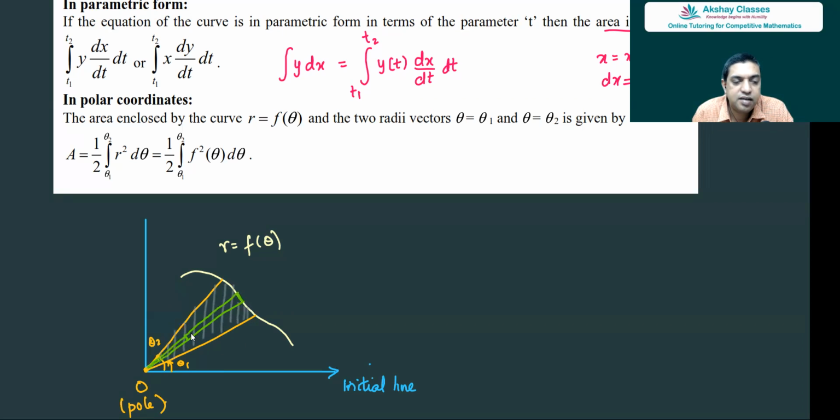This angle here is d theta inside, and this angle here is theta. So this is at theta and this is d theta. Now the radius is r. It's a polar coordinate, so radius is r. So r d theta will be this elemental strip.